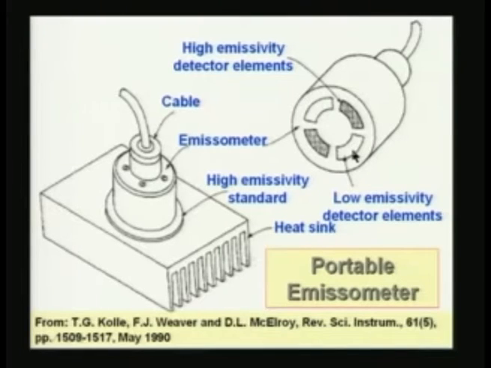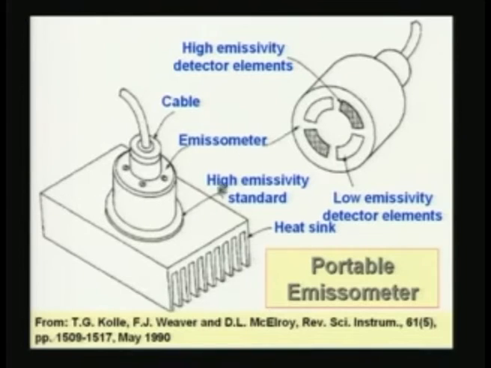They are basically thermopiles which are arranged in this particular fashion, and we can supply heat to the head, so that the entire thing comes to a certain temperature. The temperature is usually about 350 Kelvin. Now, let us look at how this portable emissometer works.